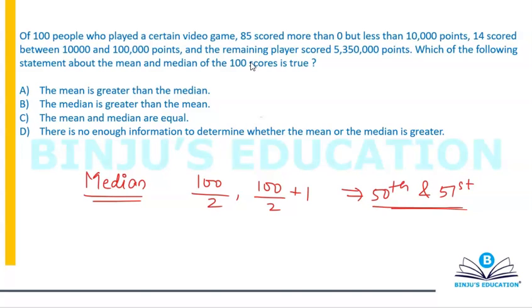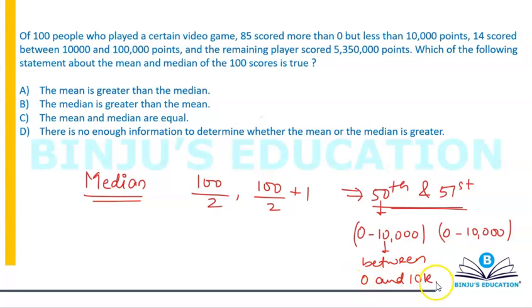I don't know what the exact value is, but the 50th and 51st values will both be between 0 and 10,000. Whatever their values, we simply take the average of the two, and that will be my answer. So one thing is for sure, my median will be between 0 and 10,000. This is for sure, no matter what happens.